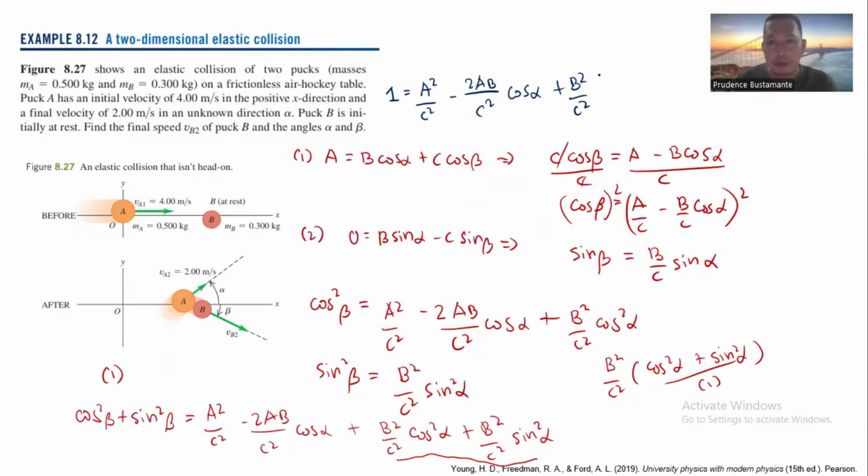Okay, so we multiply both sides by C squared. Our final result would be C squared is equal to A squared minus 2AB cosine of alpha plus B squared.